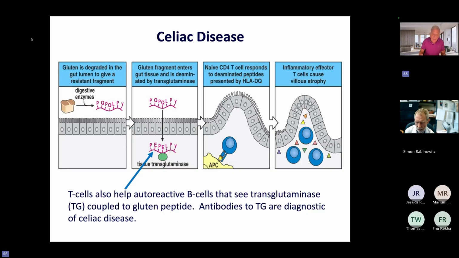So these T cells help autoreactive B cells as well that see transglutaminase coupled to the gluten peptide, and antibodies are formed. And these antibodies to transglutaminase, normally they wouldn't be produced, but when they're linked to this deamidated peptide, all of a sudden they're viewed as foreign, and antibodies are produced, and these are then diagnostic of celiac disease.